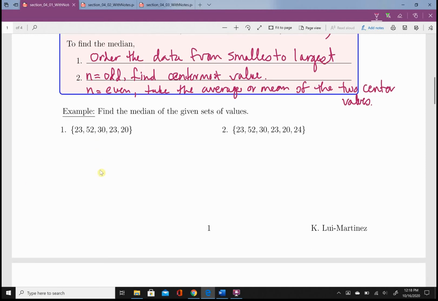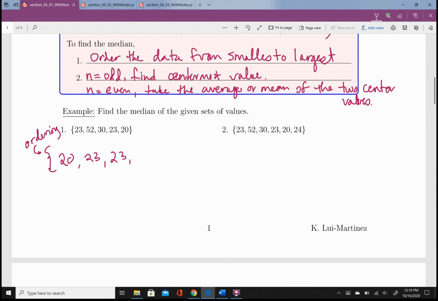So the first thing that you'll want to do is order your data. So ordering, we'll get the smallest value is, it looks like 20. And then we have 2 values of 23. And these are observations.